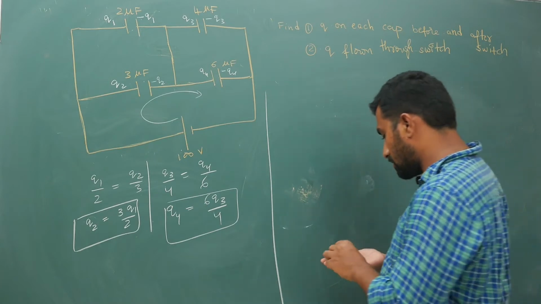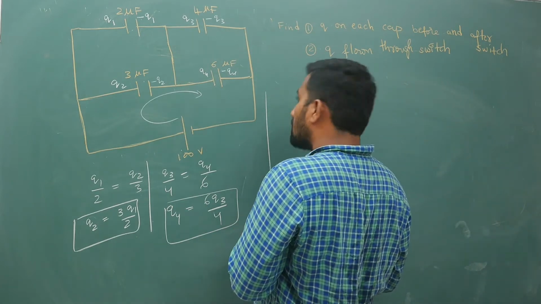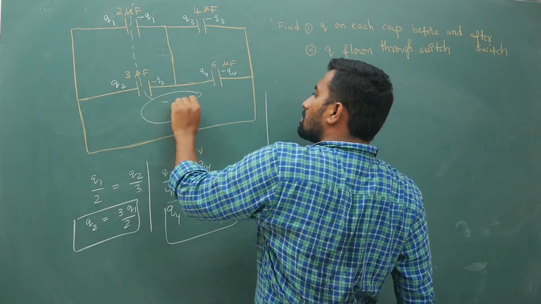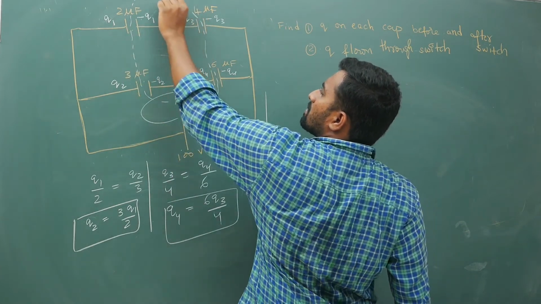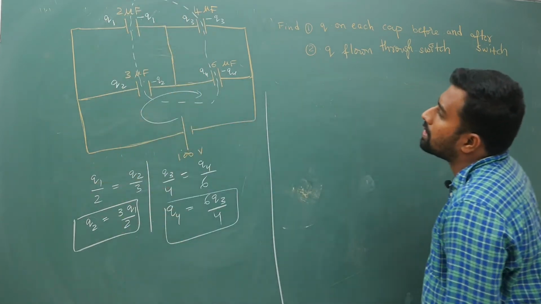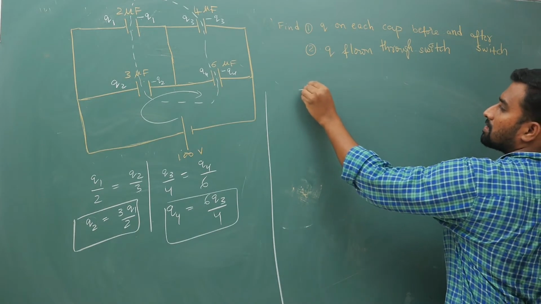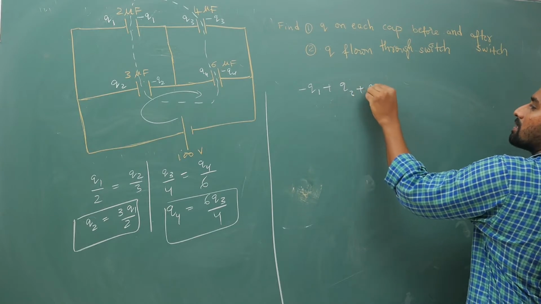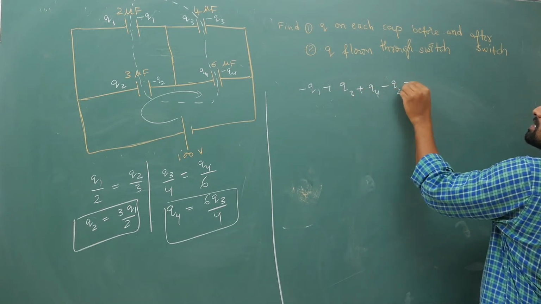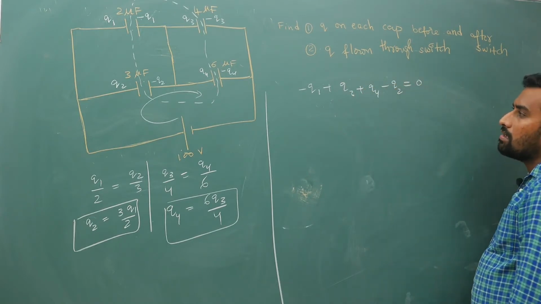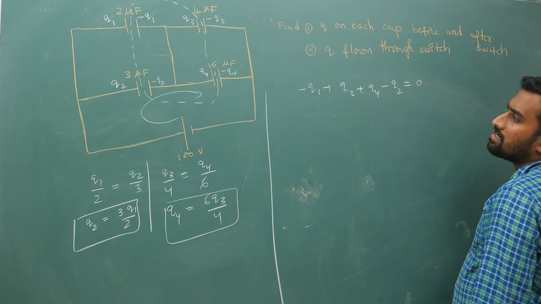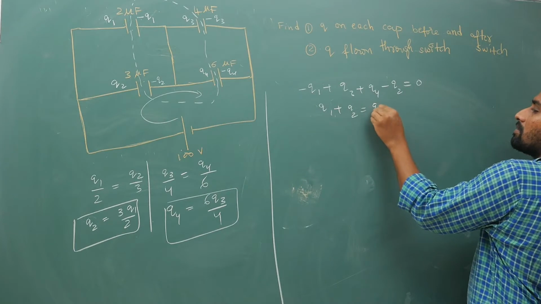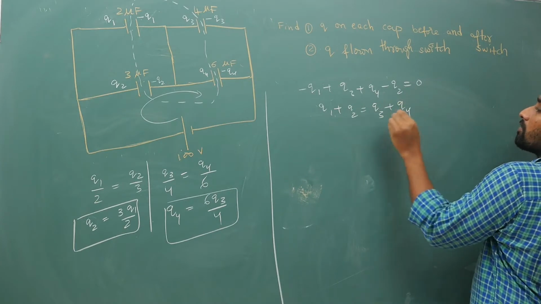If you take this loop, there are a lot of ways in which you can solve this, but let us do this. So minus q1 plus q3 plus q4 minus q2 is equal to 0. Why? Your enclosed charge in that region is equal to 0. From here q1 plus q2 is equal to q3 plus q4.